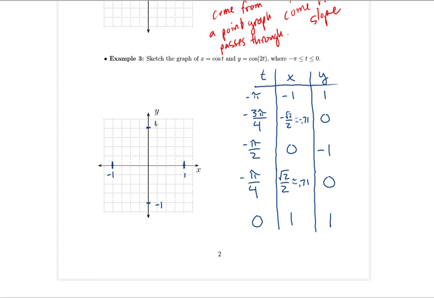All right, so we can plot these points now. x is negative 1, y is 1, when t equals negative pi. Here we have x being negative 0.71 and y being 0. So negative 0.71, this is negative 0.75, so it's just inside of there. And then down at the bottom, (0, -1). And then 0.71 puts us right about there. And then (1, 1).